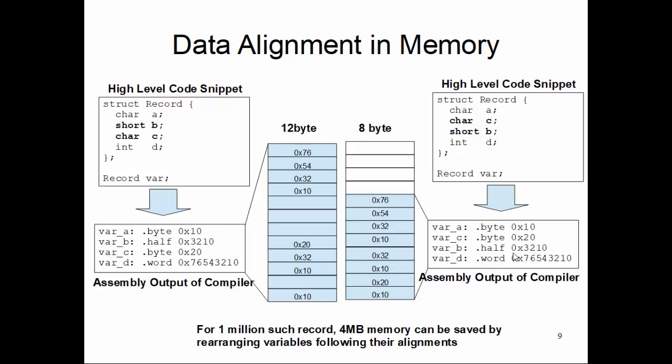So in memory critical applications where you need to optimize for memory, you need to watch out for this kind of trick that you can do in your high level program to compact the memory usage of your program. Okay, so that's the importance of understanding data alignment in memory.